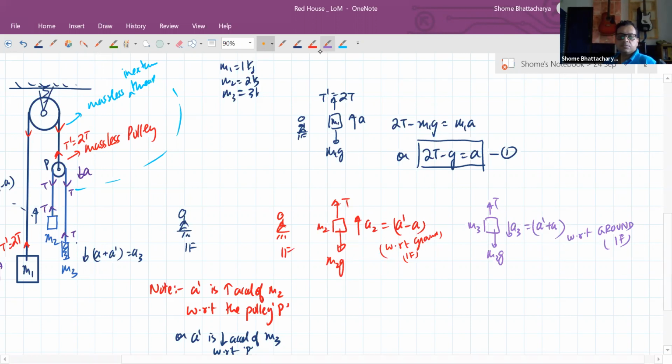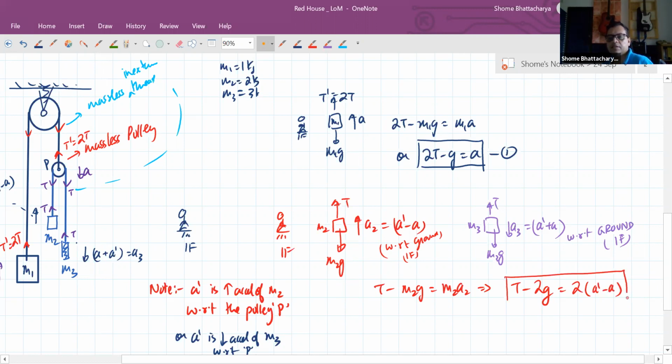So that being the case, my equation for this will become T minus M2G is equal to M2A2. So we will now write that as T minus 2G, because the mass is 2 kg, is equal to 2 into A prime minus A. So this I will write as my second equation.